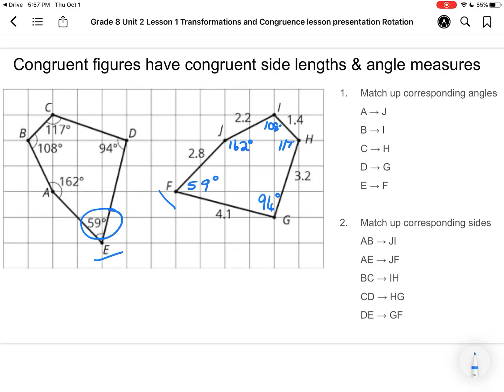And the same applies to the sides. AB corresponds to JI, and JI is 2.2 units long, so AB is going to be 2.2 units long. AE corresponds to JF, so JF is 2.8, so AE would be 2.8, and so on all around figure ABCDE.